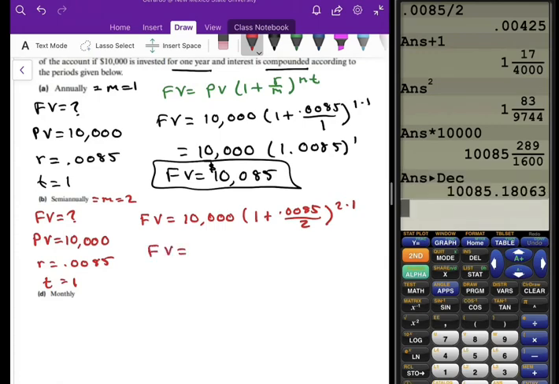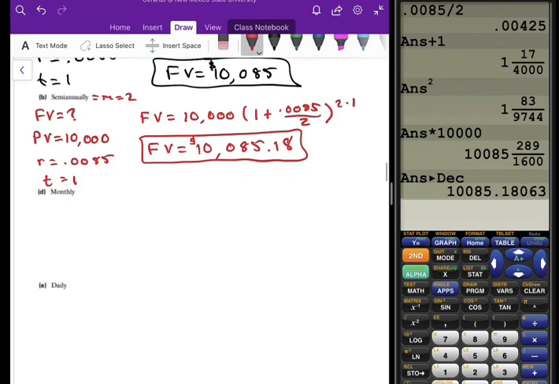So I have that my future value for this is $10,085.18. So it is growing, not that much, but it is growing.